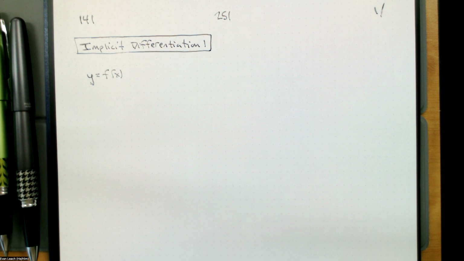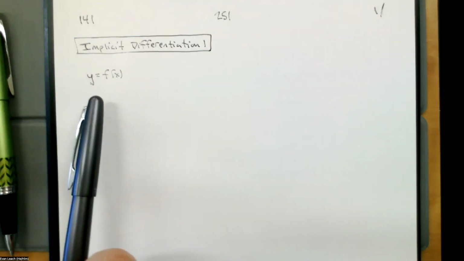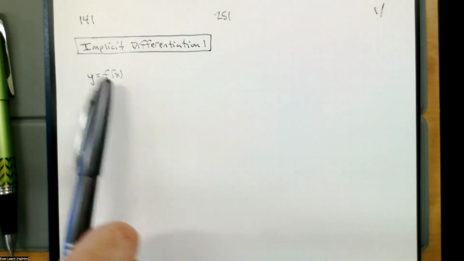the idea here is that we've got some kind of relationship between x and y, and we start when y is explicitly a function of x.